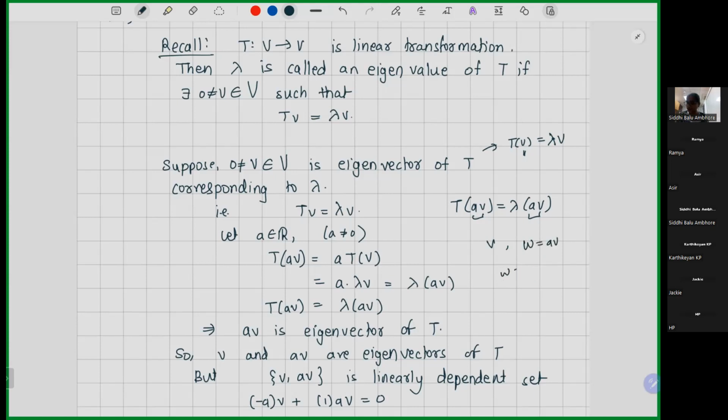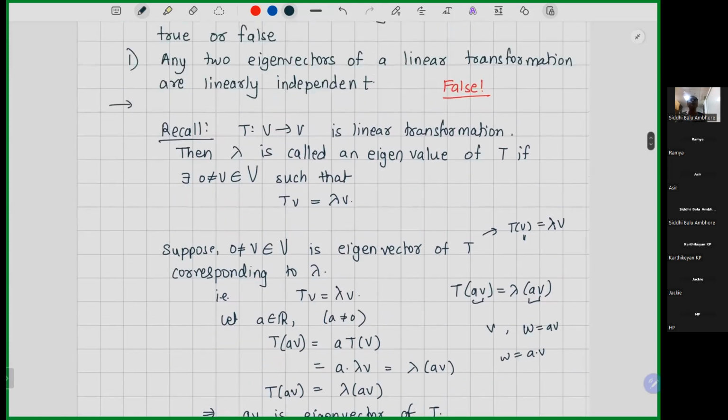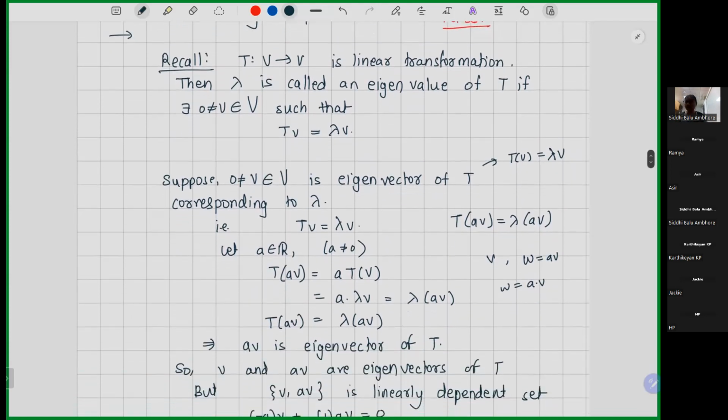They are linearly dependent because one can be written as a linear combination of the other, and both of them are eigenvectors. So given any two eigenvectors, they need not be linearly independent. Is it clear now? Yes, it is clear.